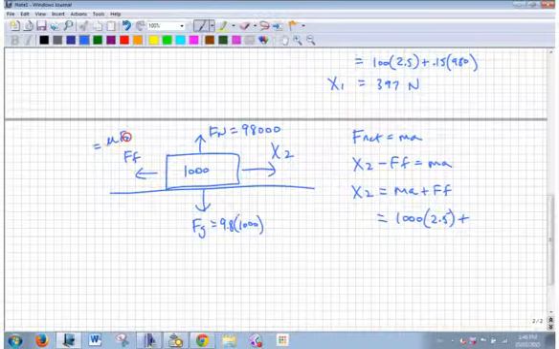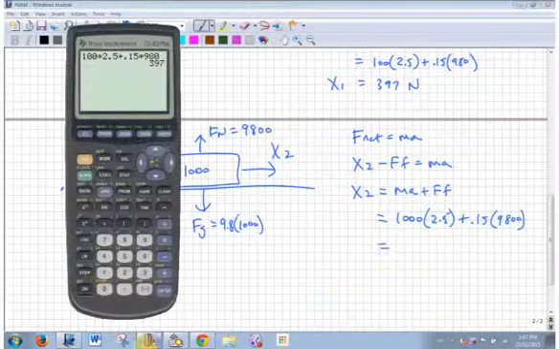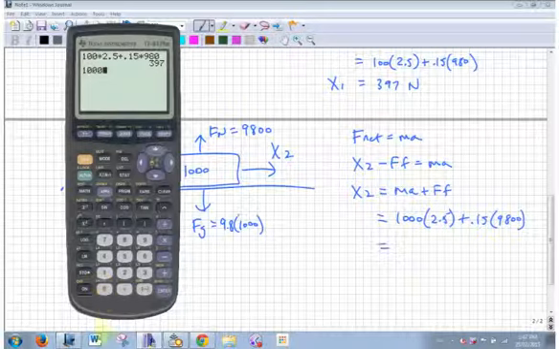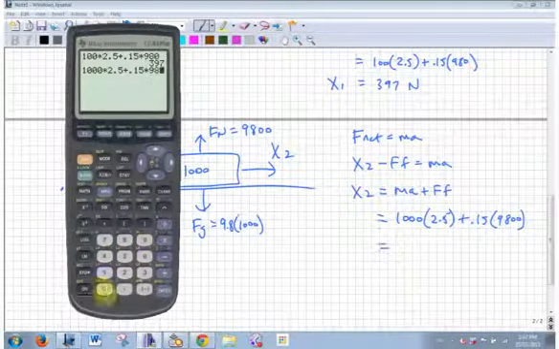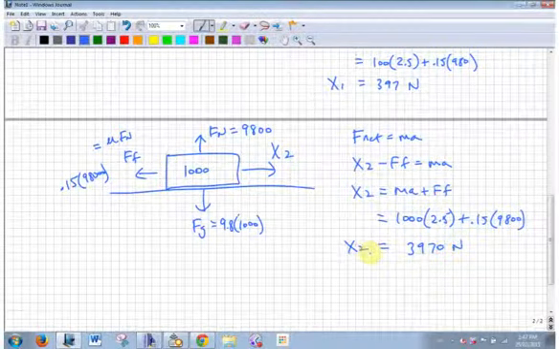Mu Fn, 0.15 times 9,800, yeah, thanks, which will give me $39.70 is the tension or the forward applied force on X2.